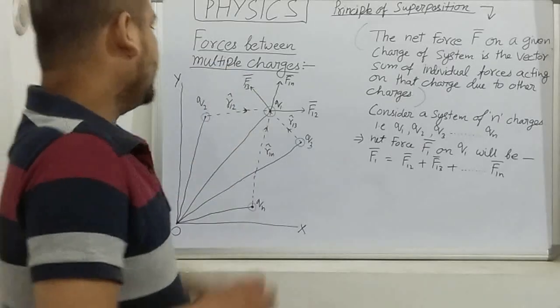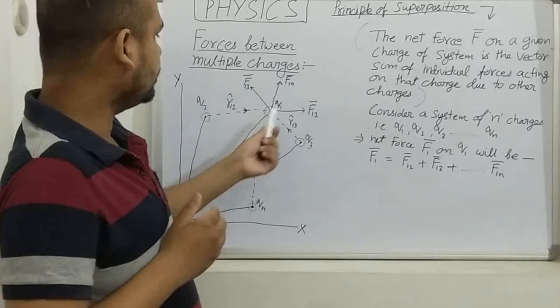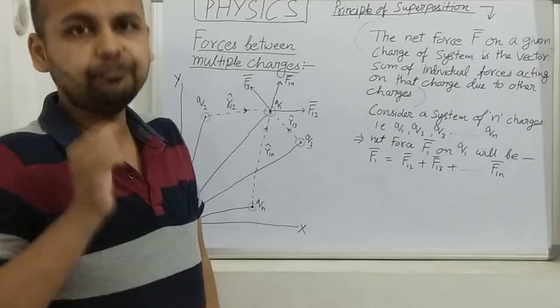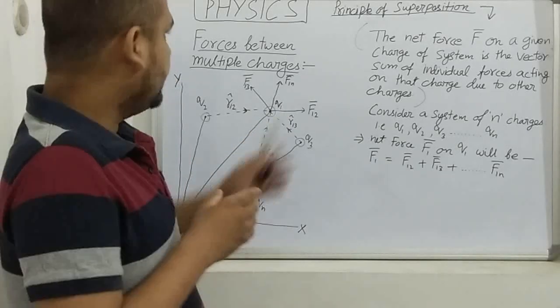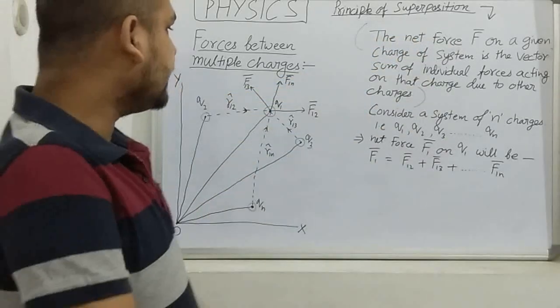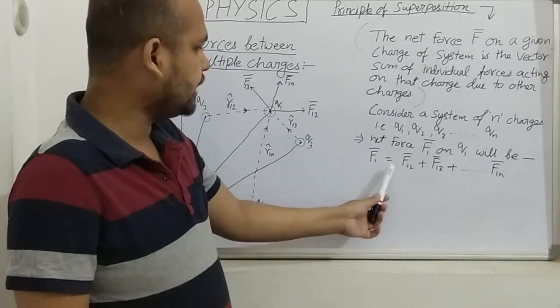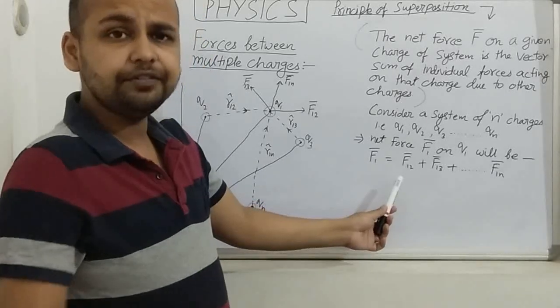Let us suppose that the net force acting on q1 is F1. According to the principle of superposition, which I have told you just now, the net force F1 will be equal to the sum of the individual forces.